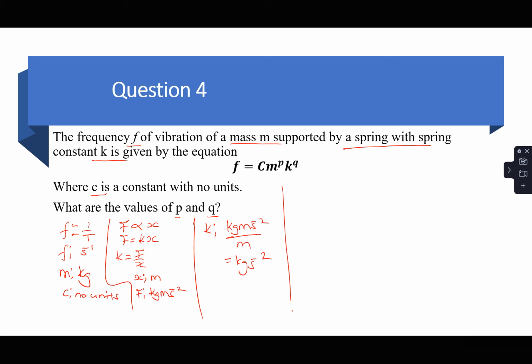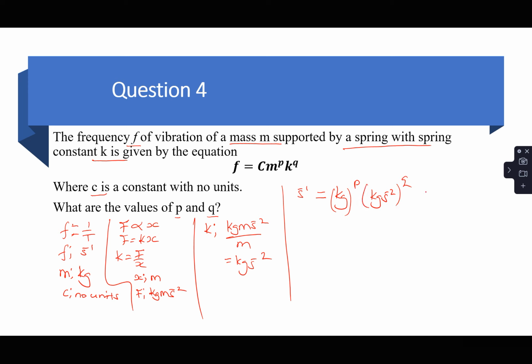Now let's equate the units. Therefore, for f, we have s power negative 1. This will be equal to, c has no units, so I will not include the units here. Then m, that is kilogram, raised to power p. And k is kilogram per second squared, raised to power q.